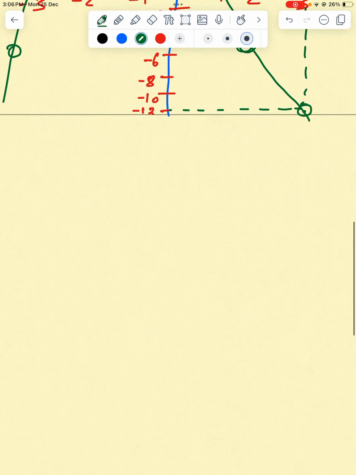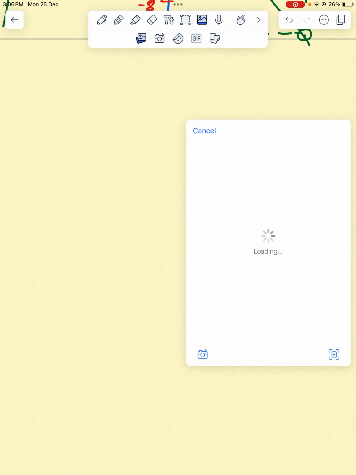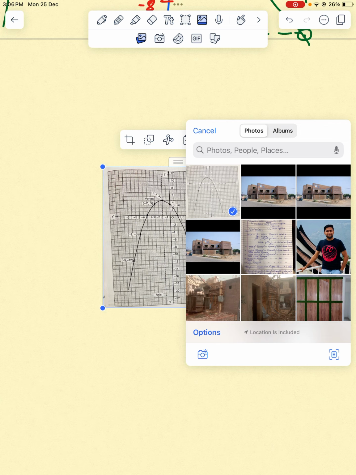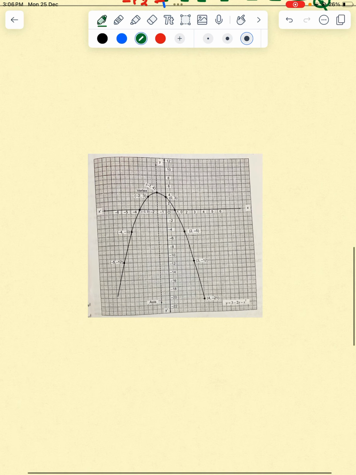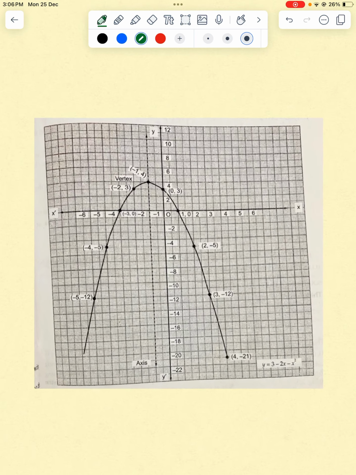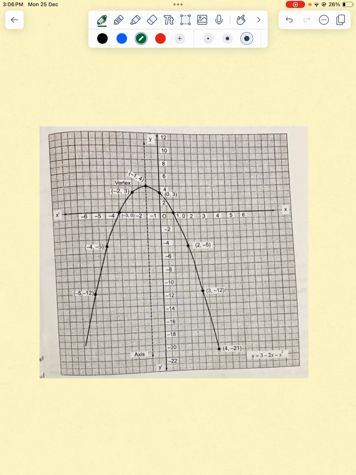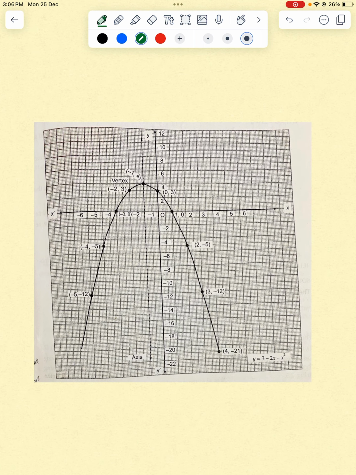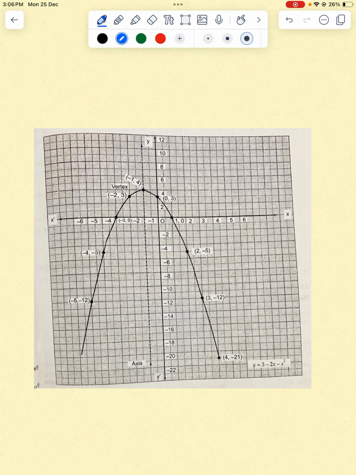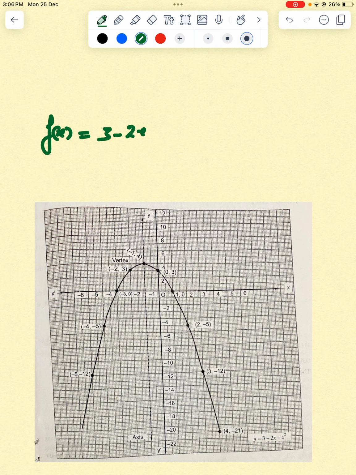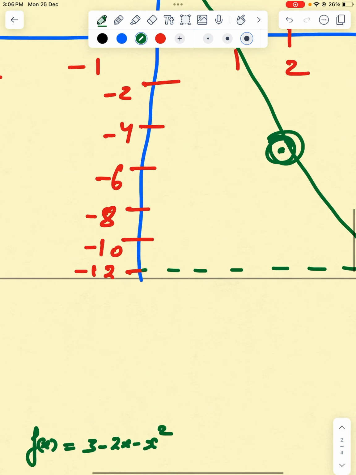Now if we see the actual graph, this is our actual graph. See here, we have seen the equation is 3 minus 2x minus x squared. I think this is the same equation.